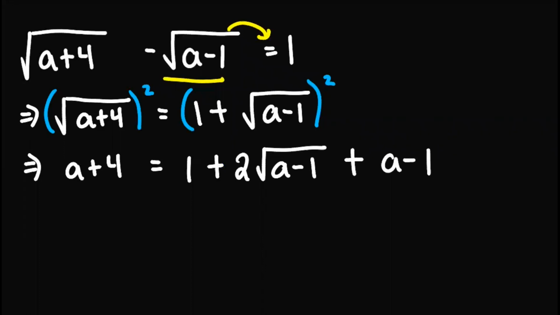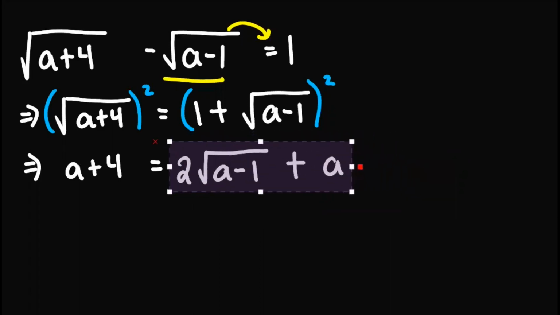So simplifying this, we have 1 out here and negative 1, so that one cancels out. And we are left with this on the right side of the equation.